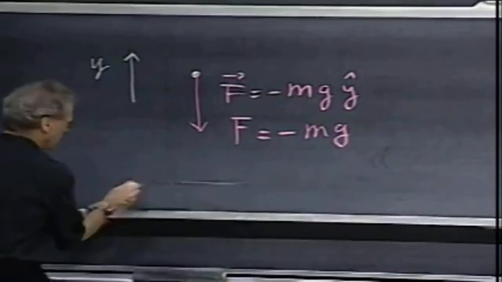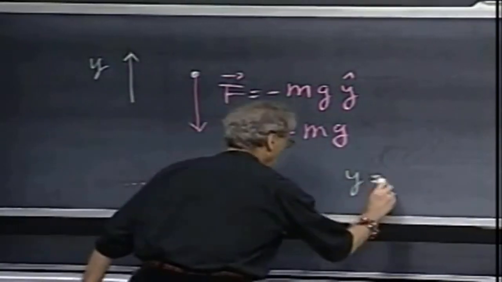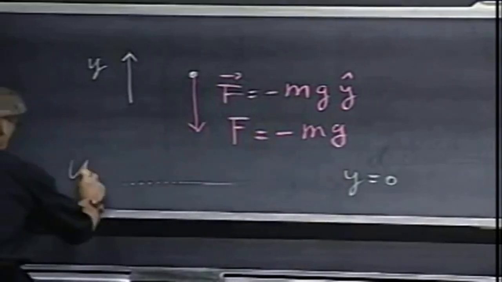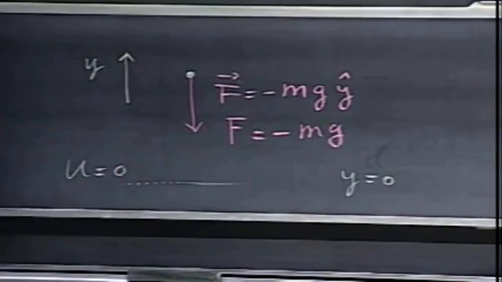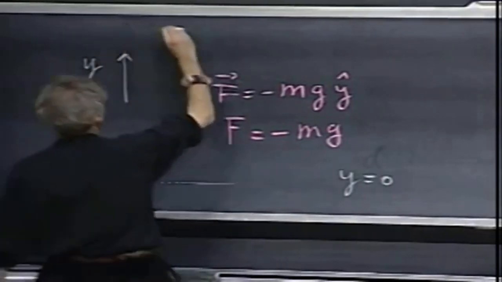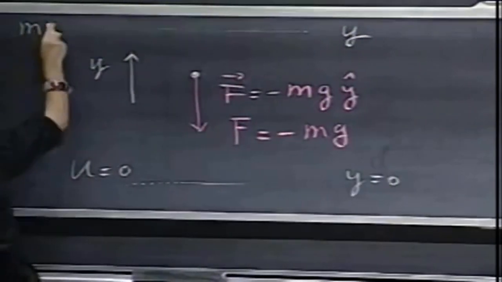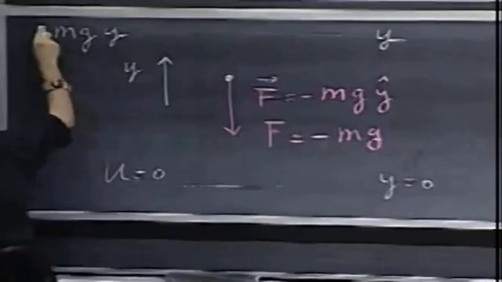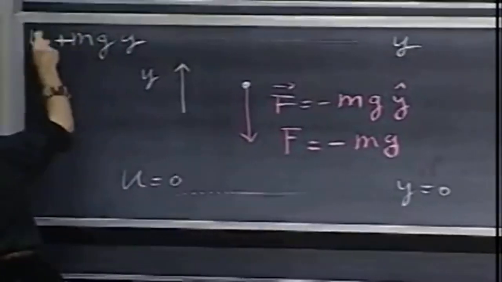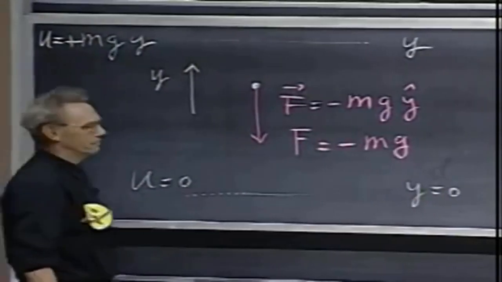If this level here is y equals 0, then I could call this gravitational potential energy 0, and at height y, the gravitational potential energy here equals plus mgy. This is u.